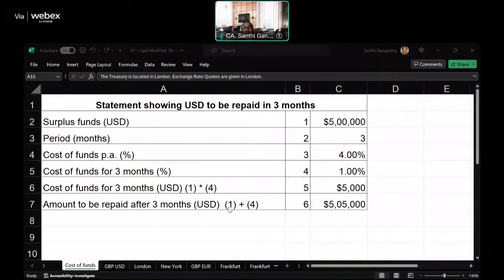What is the cost of fund? 4%. For 3 months, how much? 1%, because that is an annual rate. So 5,000, you have to repay the amount as 505,000.